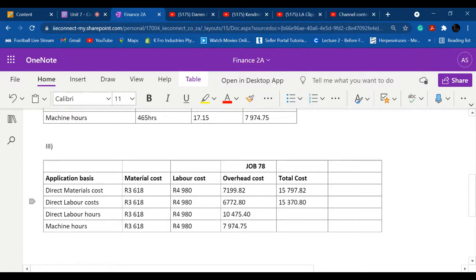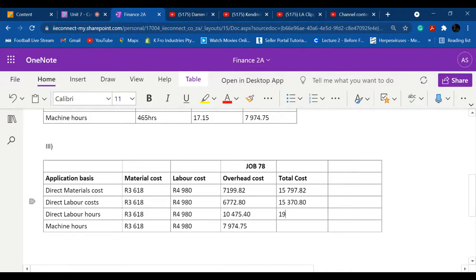Okay, I removed that number. I said 8,598. Then plus this 475.40.